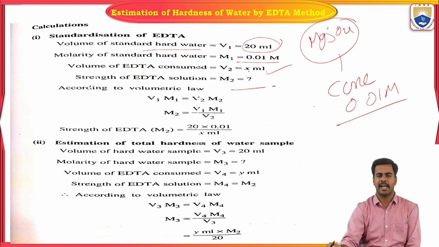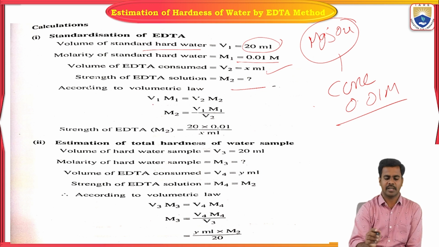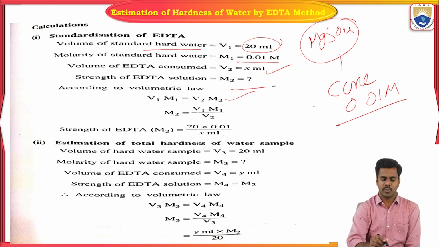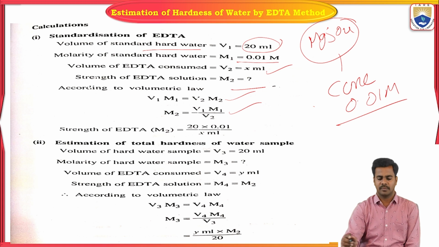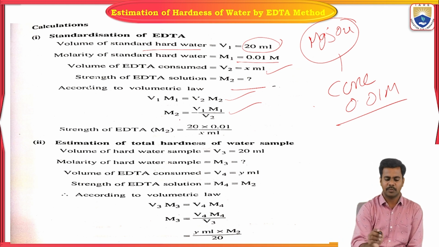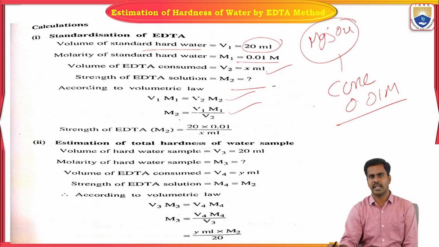So by taking the simple molarity formula, V1 M1 is equal to V2 M2, M2 is equal to V1 M1 by V2. By substituting the values we determined in the titration, we can get the M2 value. That is the strength, the concentration, of EDTA. So that is the standardization of EDTA procedure.